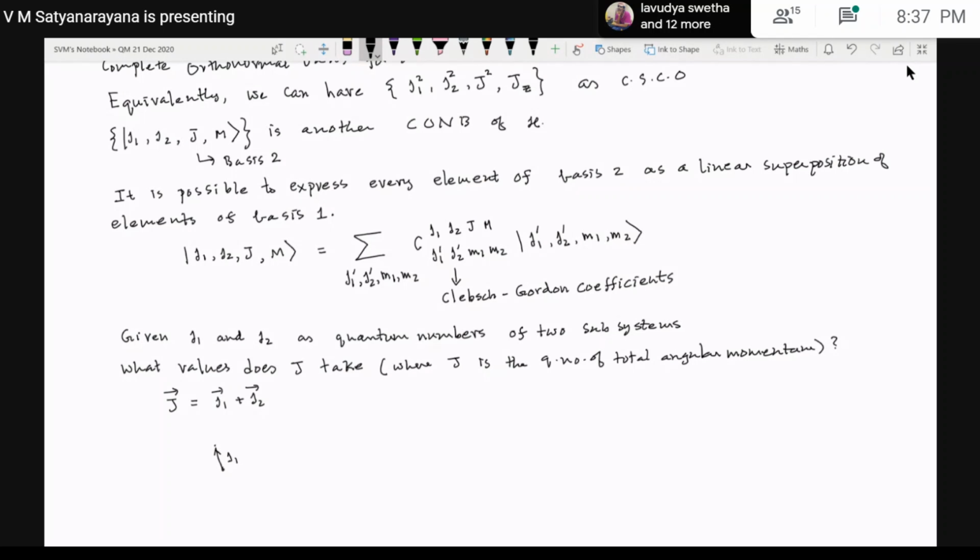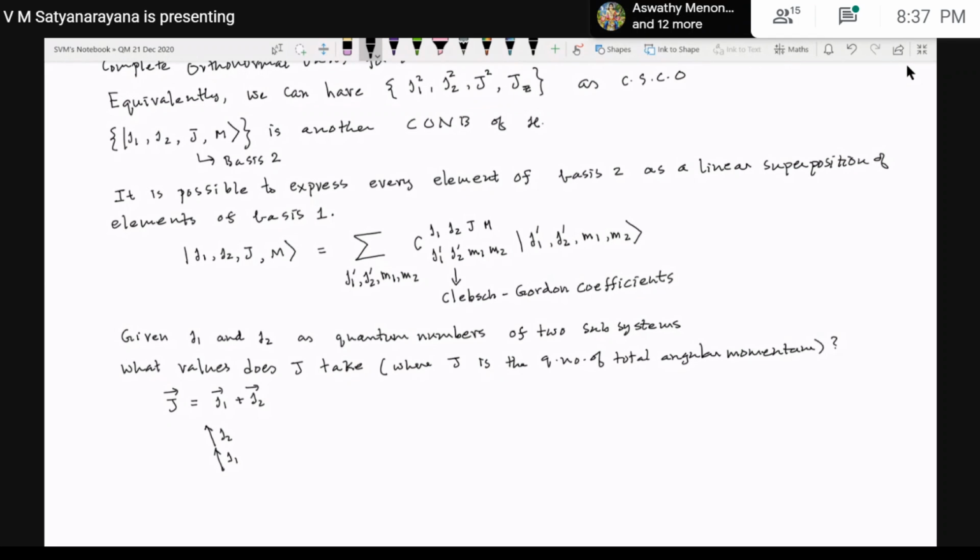If the angle between them is 0 and they are added, you get J1 plus J2.